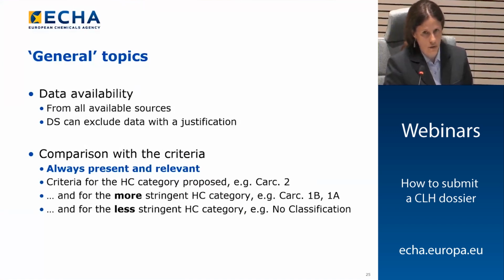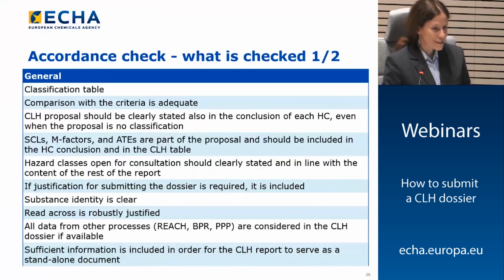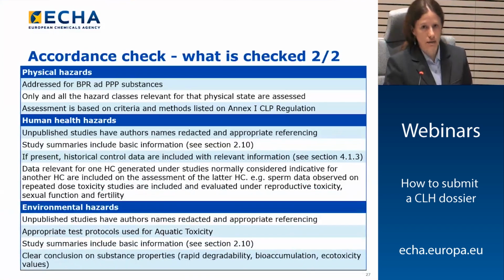Ideally, you should compare the criteria for the category that you are proposing, for example, carcinogen in category 2, but also for the more stringent hazard class category, category 1B or 1A, and for the less stringent, for example, in this case, no classification. So this is the so-called blacklist that nobody knows about, even I didn't know about. We just compiled this list of what we check at the accordance check.